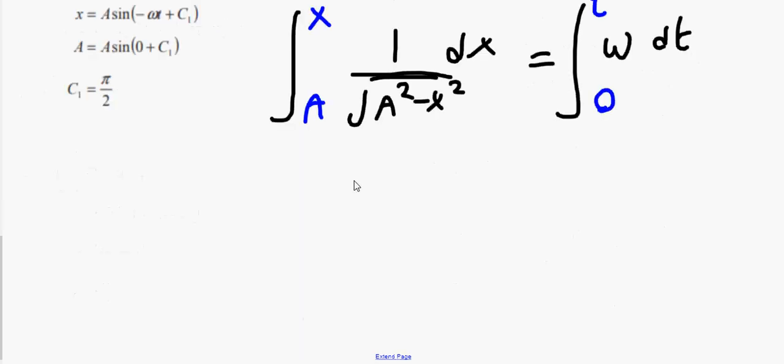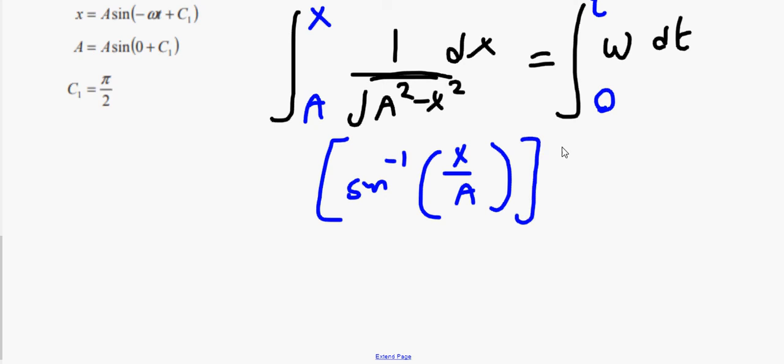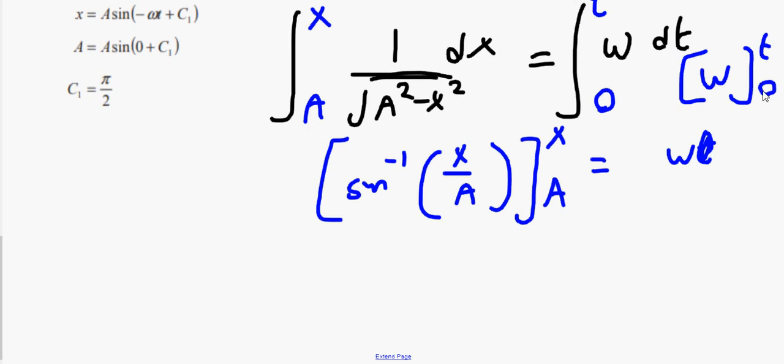Do we get sine inverse x over a, from x to a, and this is going to be omega t. Oh, sorry, omega to the power of t0, which is omega t.